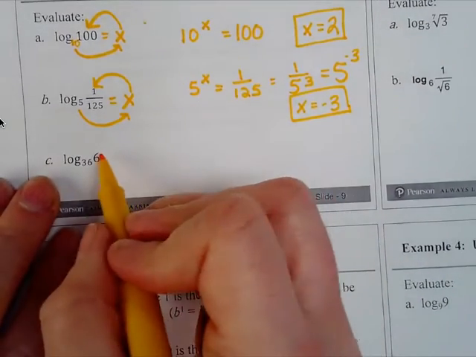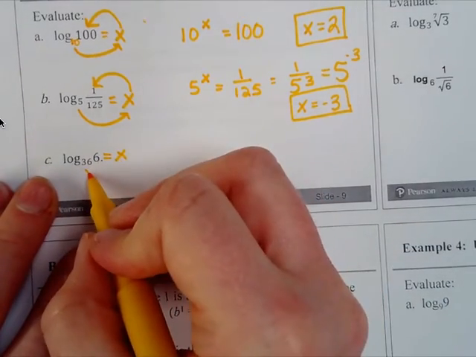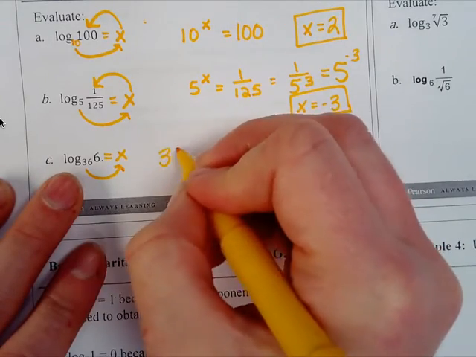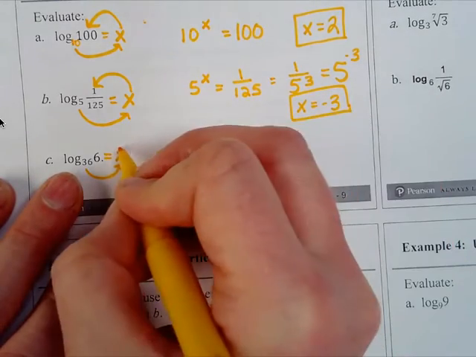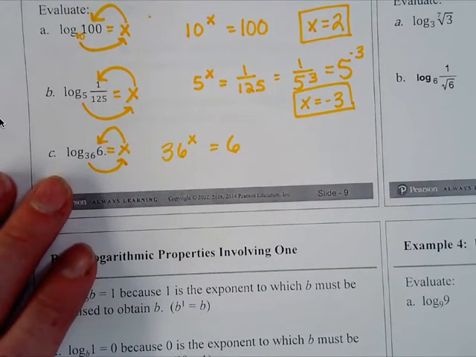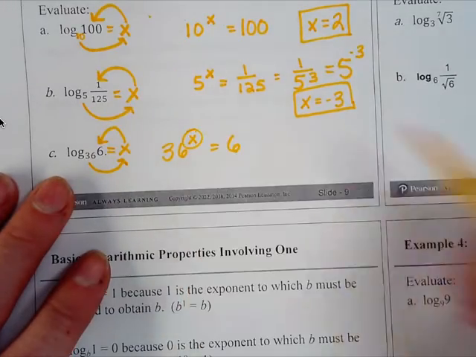Okay, let's do the next one. I'm going to put equals x. So 36 raised to the x equals 6. What can I do to 36 to make it 6? Divide by 6, or what's to a certain power?